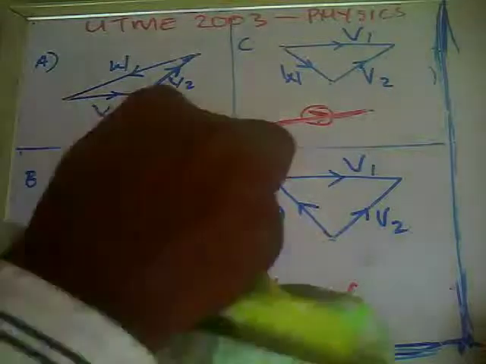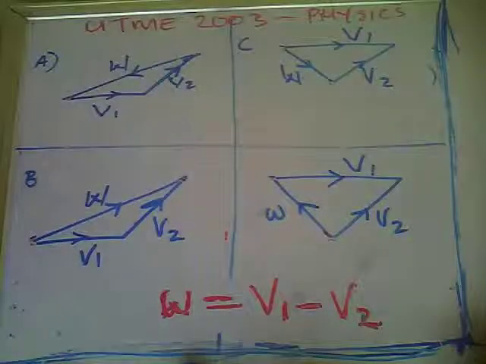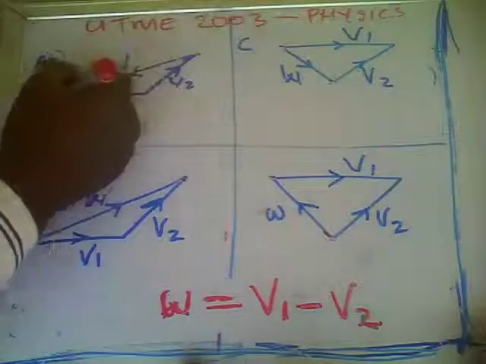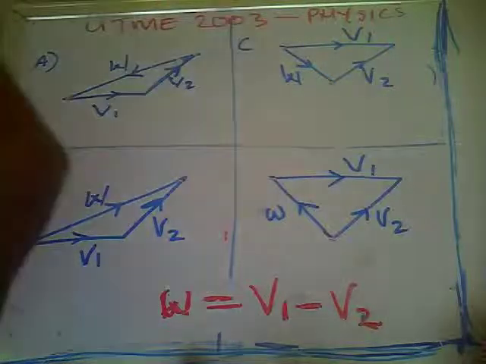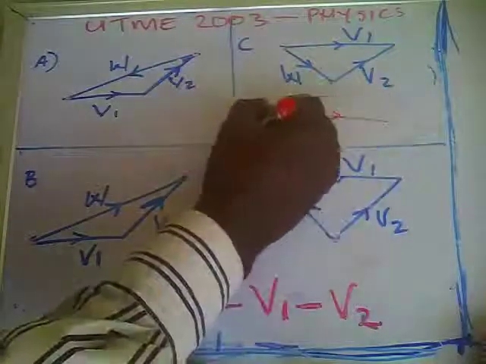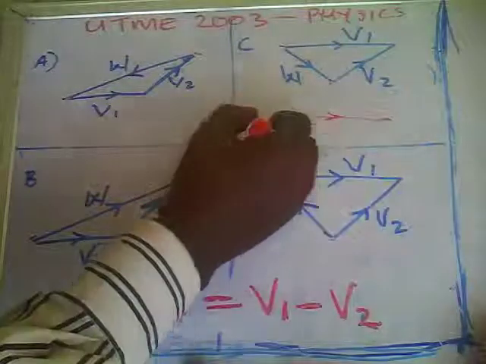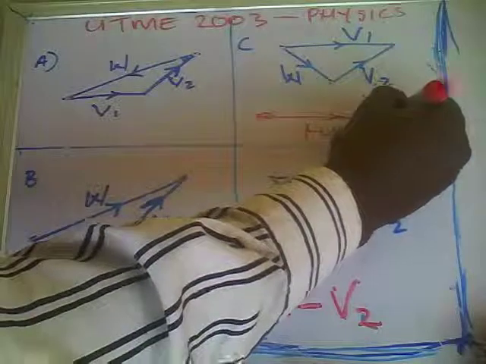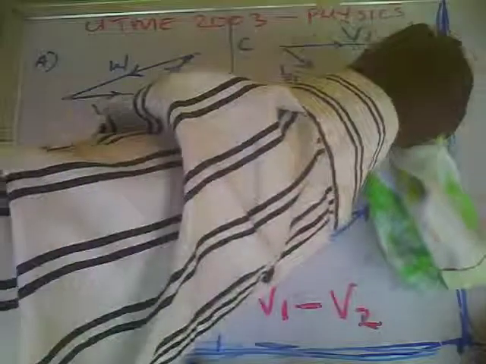So W means we are traveling from here this way. This is the tail, this is the head. We move from tail to head, that should be positive. Anytime we move from head to tail, that's negative.